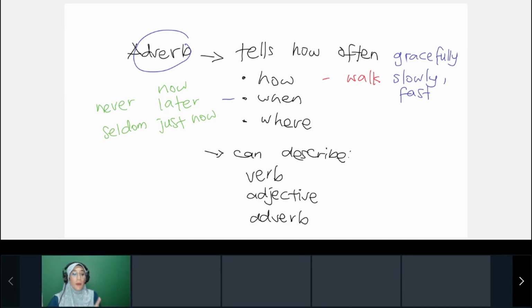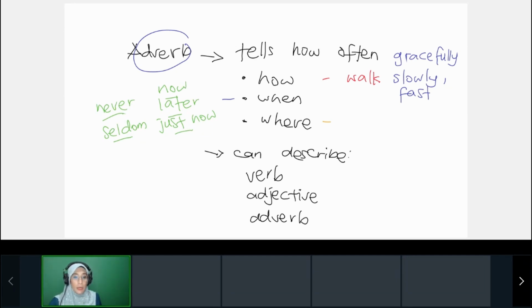These are talking about when. So these are some of the words: never, seldom, now, later, just now. These are the adverbs. Now when we talk about where, it's adverb of place.